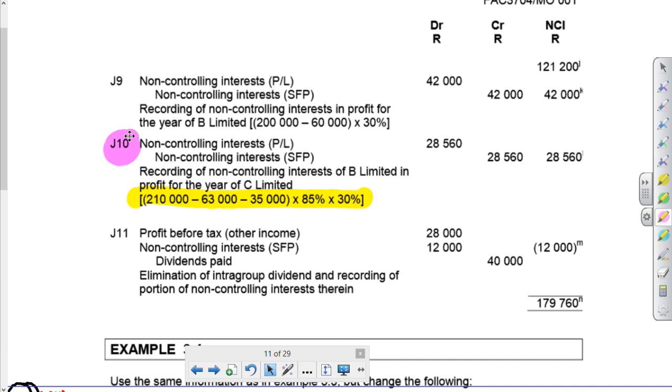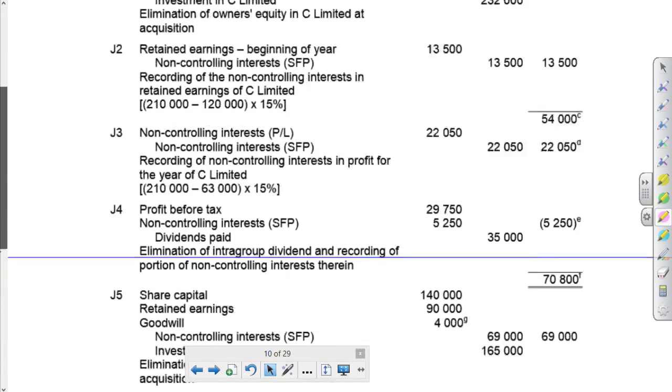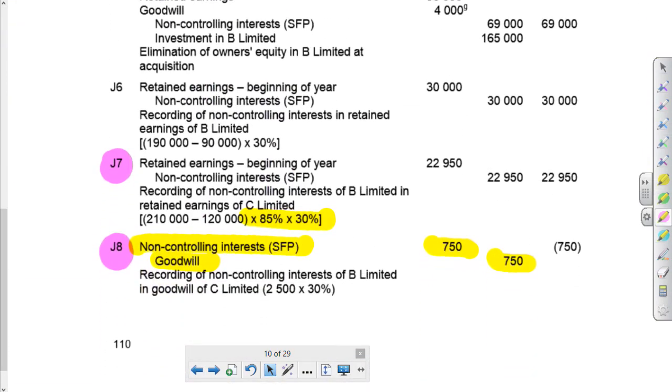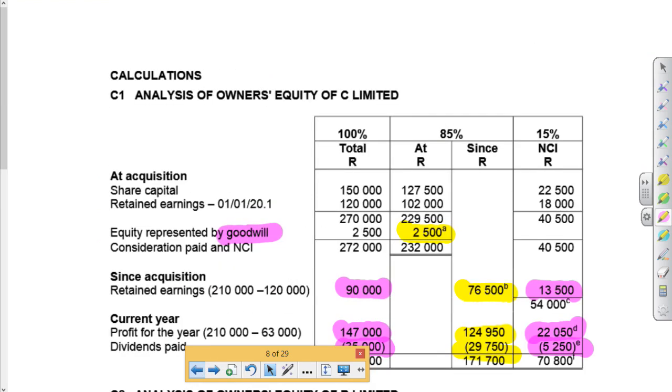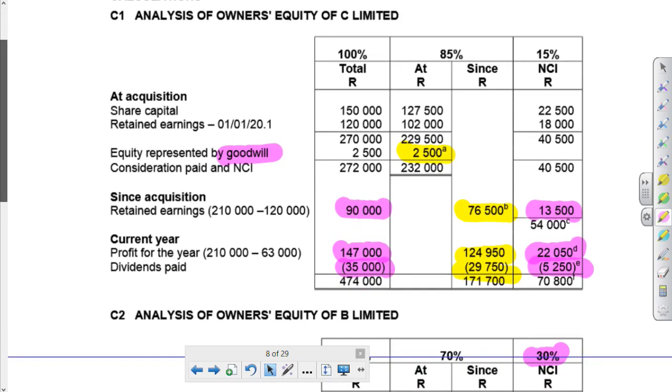So we can see all the extra pieces, the 28, 750 and the 22, all going to NCI in our journals. If we look at them on the analysis, I wouldn't necessarily do an analysis. I would just find the numbers. There's the 22. There's the extra piece. Sorry, this is not an extra piece, isn't it?